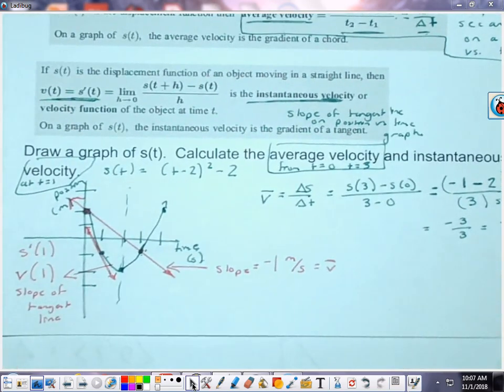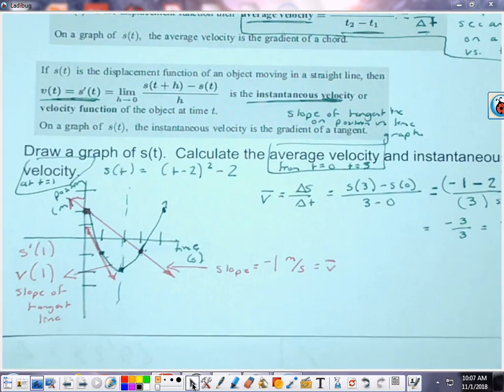So think about the difference between average and instantaneous. You go on a trip, you go 200 miles, and it takes you 4 hours. What's your average velocity? 200 miles, it took you 4 hours. 50 miles per hour.